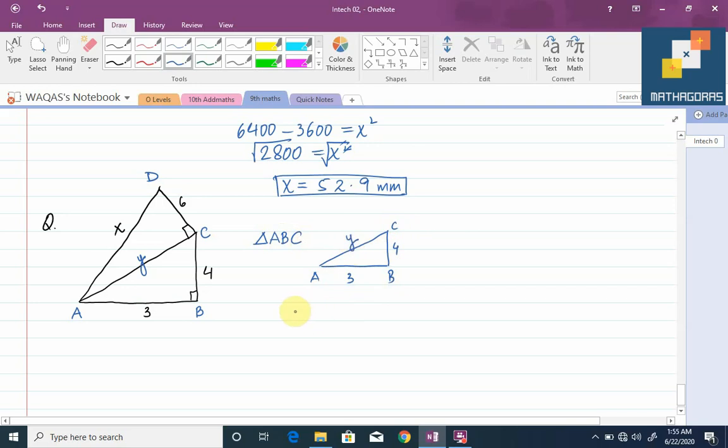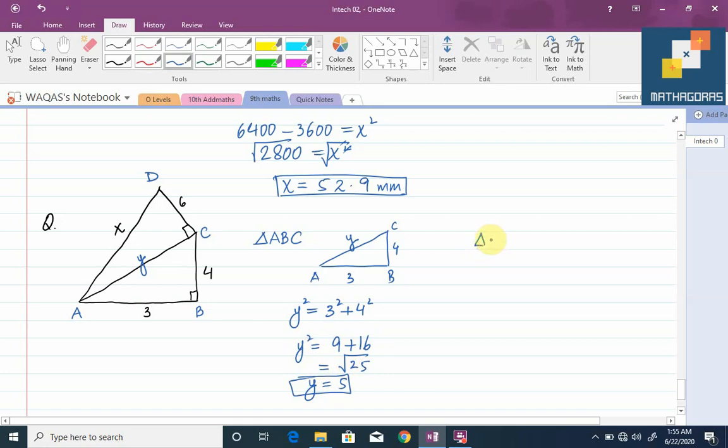Apply Pythagoras here. Y square is equal to 3 square plus 4 square. So y square equals 9 plus 16. 9 plus 16 is 25. Y is equal to 5. Right?